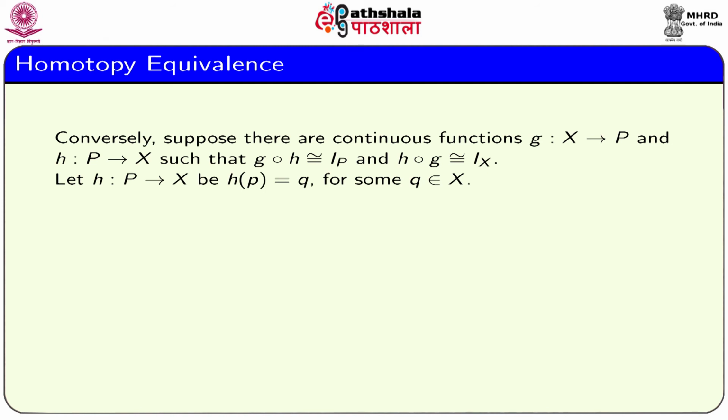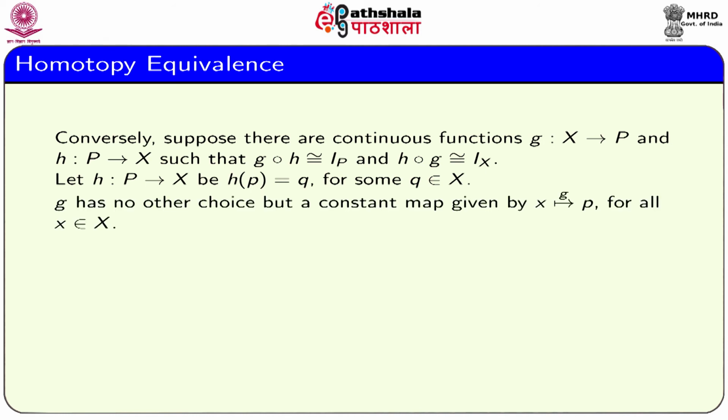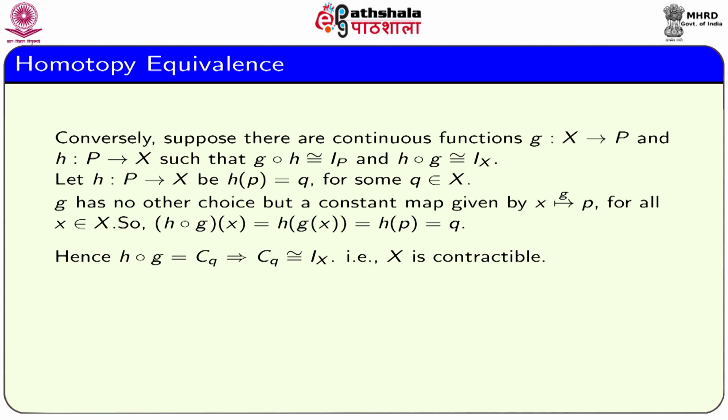Now, let us suppose that the function h takes the point p to some point q in X. And there is no other choice for g because g must take all the points of capital X to the only member small p of capital P. So, it is a constant function and therefore, the composition h composed g will take all the points of capital X to the point q of X. It's a constant function C_q, and by the given condition h composed g is homotopic to the identity, so C_q becomes homotopic to the identity.